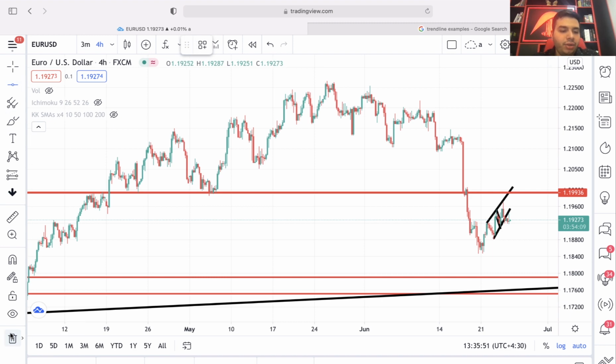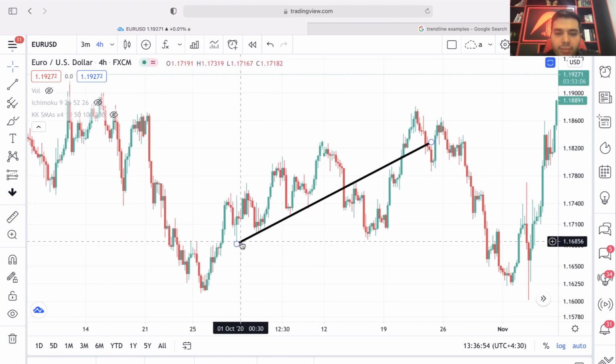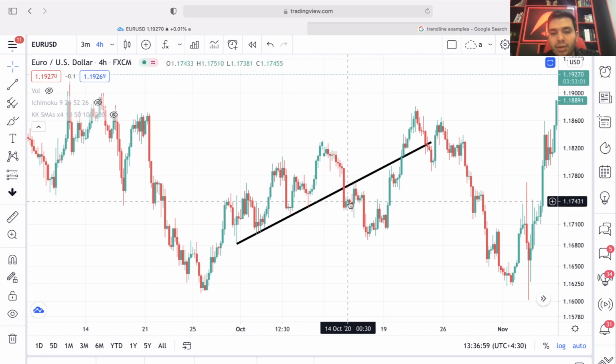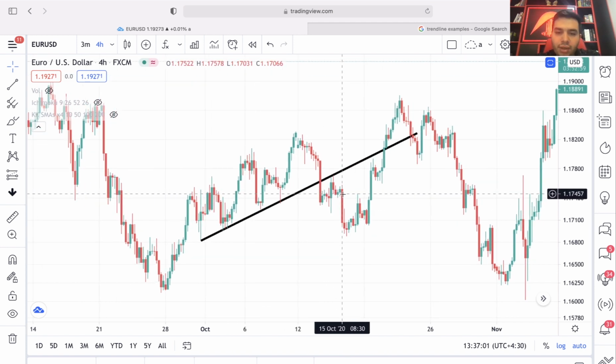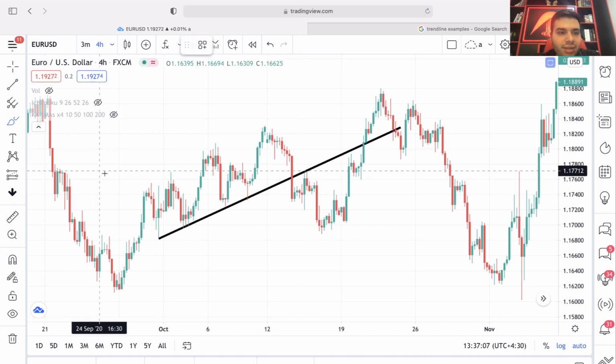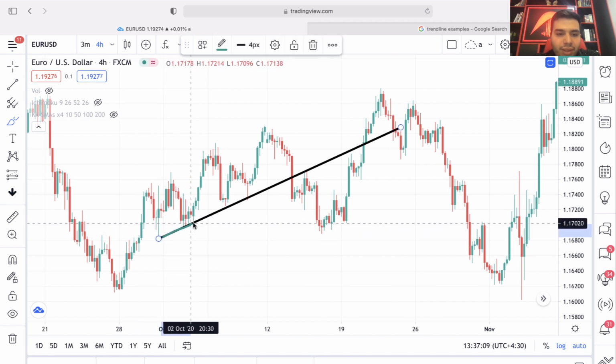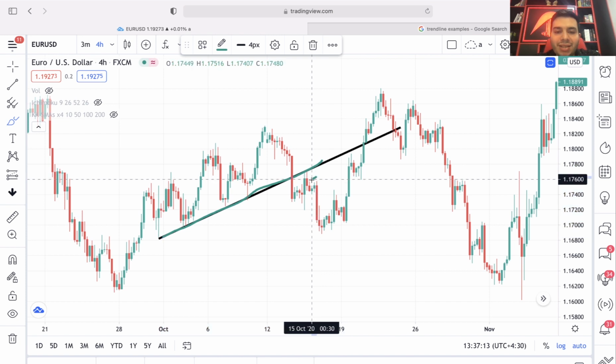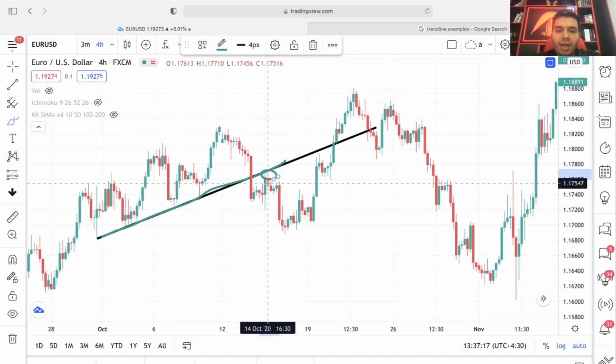For example, in euro dollar, this bullish trend line has been broken in the past, and we can see the price had a retrace to this line. Okay, this support line after the breakout works as a resistance line, a dynamic resistance now, and after the breakout sometimes we have pullbacks.